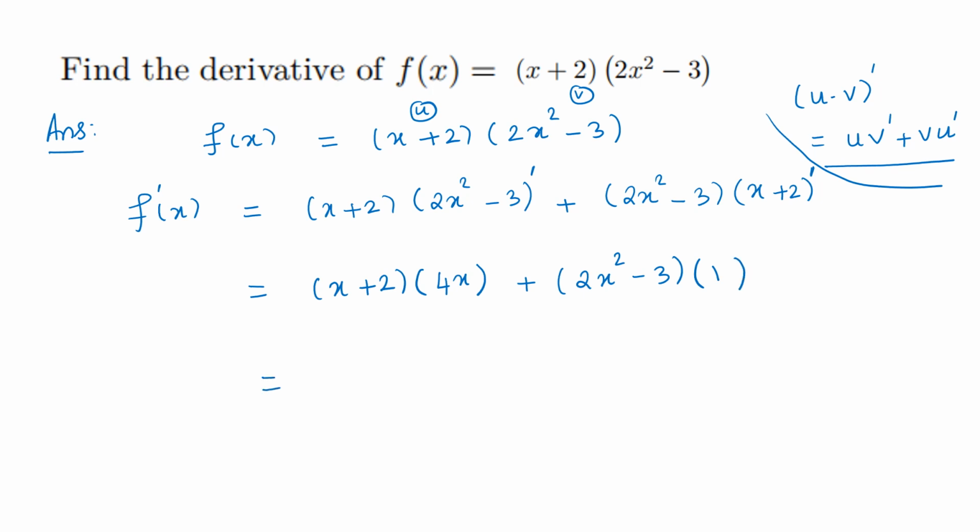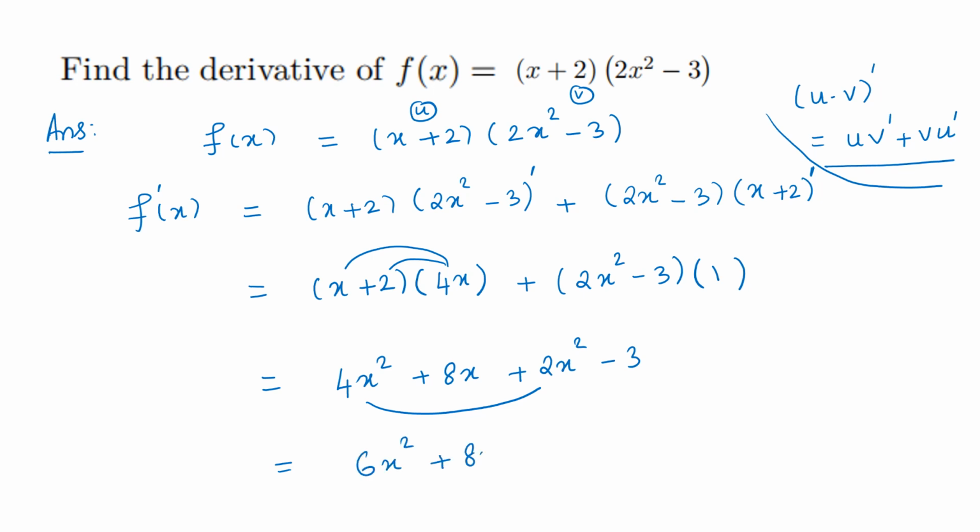Which is equal to, just multiply this: 4x times x is 4x squared, then plus 4x times 2 is 8x. Here you have to see 2x squared minus 3 multiplied by 1, so plus 2x squared minus 3. Simplify this: 4x squared plus 2x squared is 6x squared, then plus 8x minus 3.